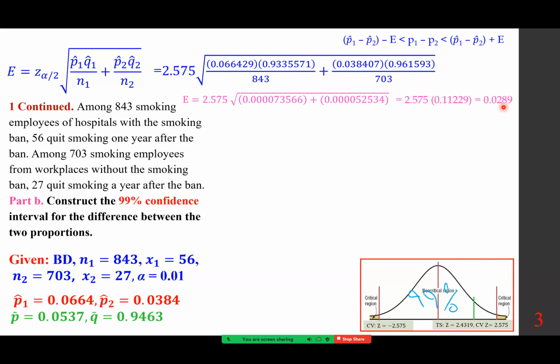So P1 hat minus P2 hat, we are going to add and subtract this number from it. P1 hat minus P2 hat ends up being 0.028022. We are going to subtract this number from it and add to it.